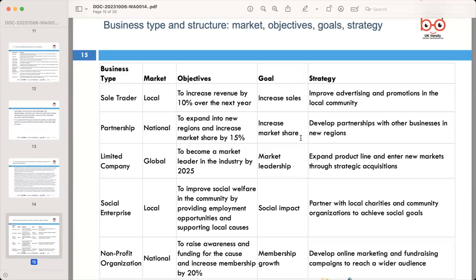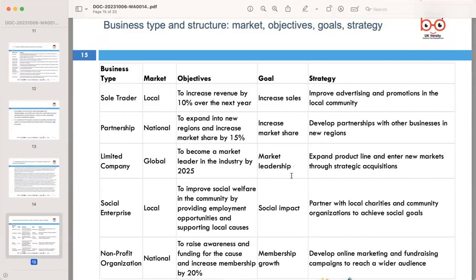Then social enterprises typically maintain a localized market focus, operating within their immediate community or for a specific social or environmental focus. So the primary objective of a social enterprise is to improve social welfare or address environmental issues.